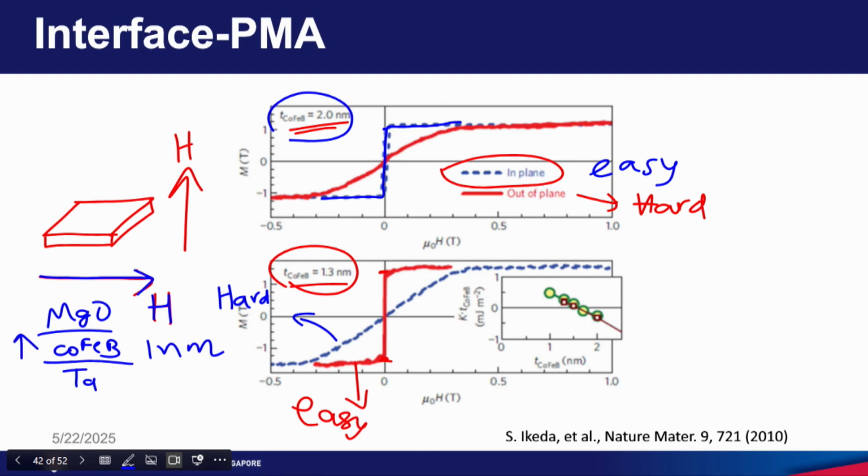For the same structure, tantalum, cobalt and boron, magnesium oxide, if this layer is like 2 nanometer, for example, it's going to be in plane. So just by changing the thickness of this layer, they have produced some interface anisotropy, which leads to the perpendicular anisotropy.